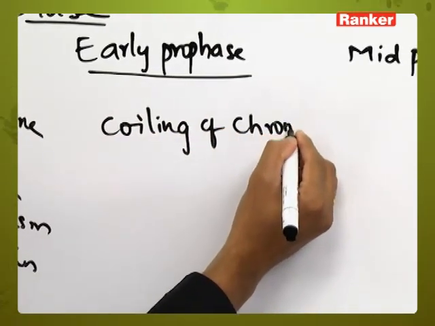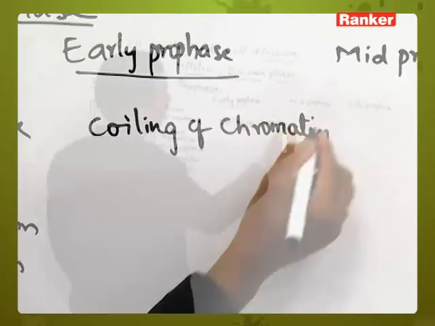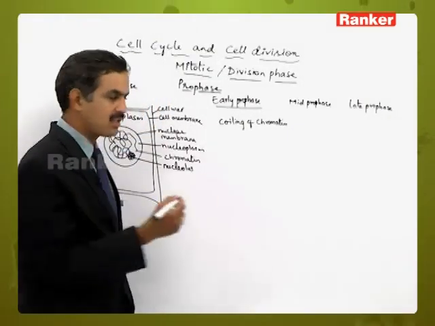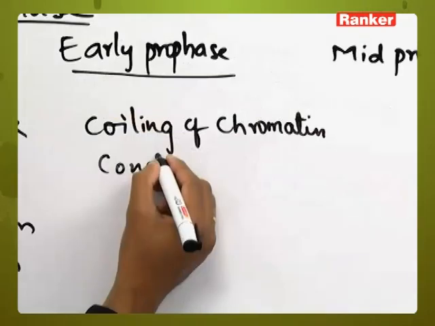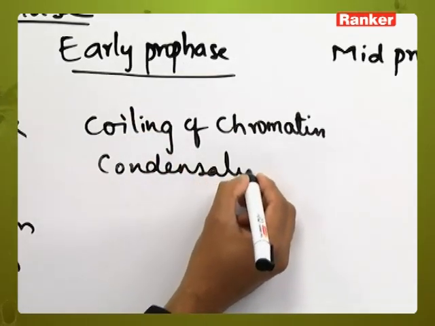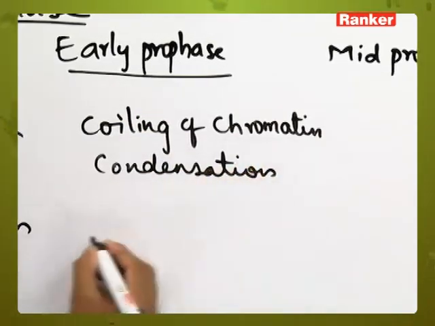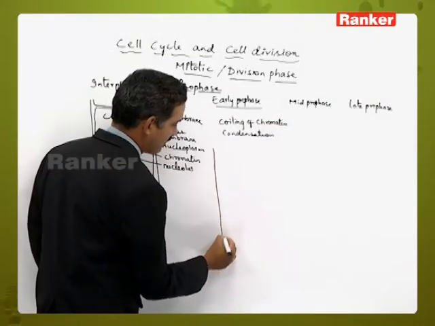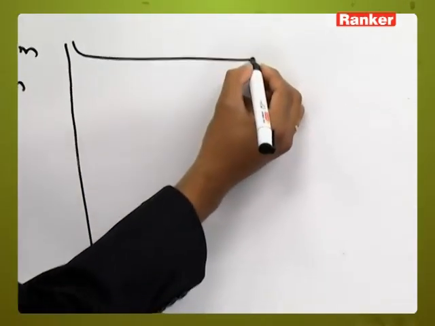Coiling of the chromatin will be taking place. Due to the coiling of the chromatin, or the condensation process, we can see a change in the structure of the chromatin from that of the interphase stage.